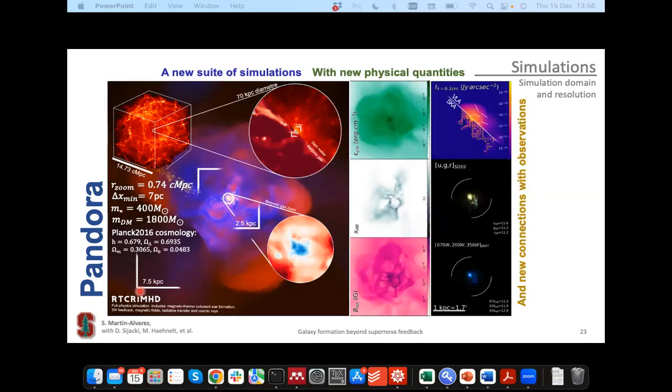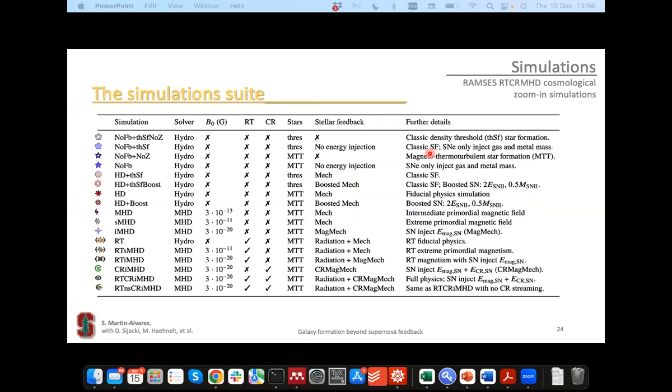Now we can also combine with the ionization fraction of hydrogen to construct, in the future, we're working on this, far infrared observations, but at the moment we already have some pretty cool, I would argue, radio synchrotron emission for these galaxies.